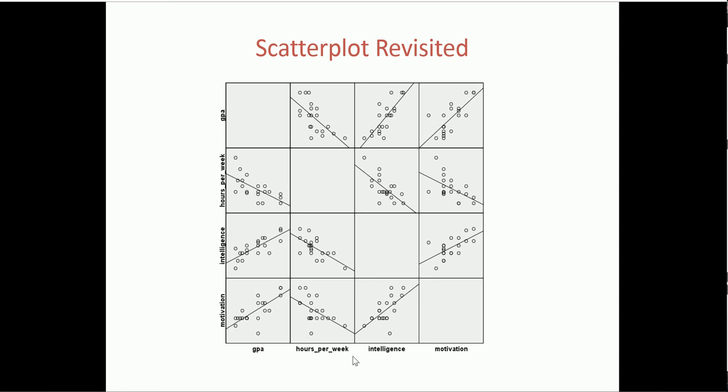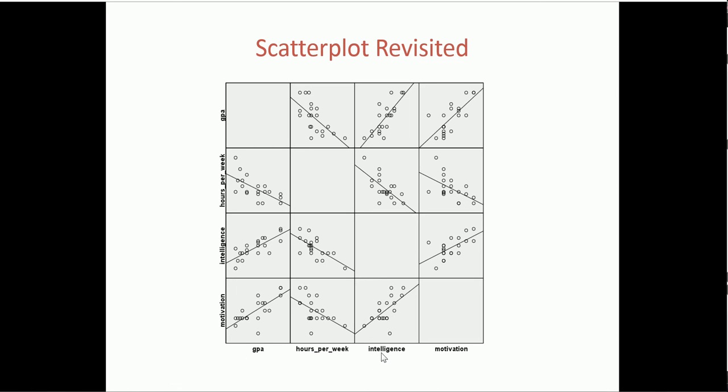the prediction. So really what we're trying to do in a multiple regression analysis is determine the relationship between each predictor and the outcome after statistically controlling for the other predictors. So in a multiple regression analysis, we'd want to see what's the relationship between hours worked per week and GPA after controlling for intelligence and motivation.